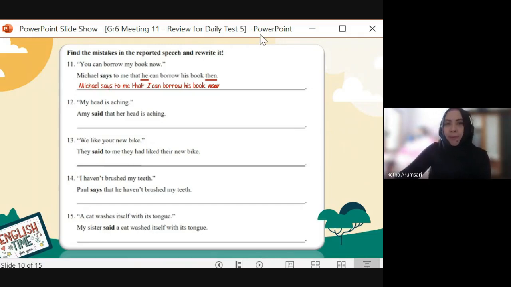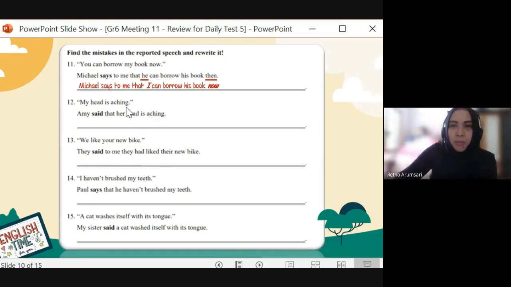Number 12. I'm using the same sentence here, but with a different person. So where is the mistake here, 6D? Does anyone know? Have you seen Alena and Rayaska? I don't know.